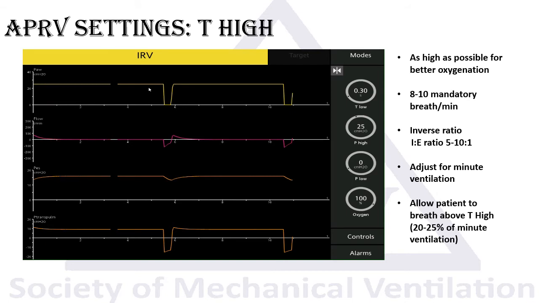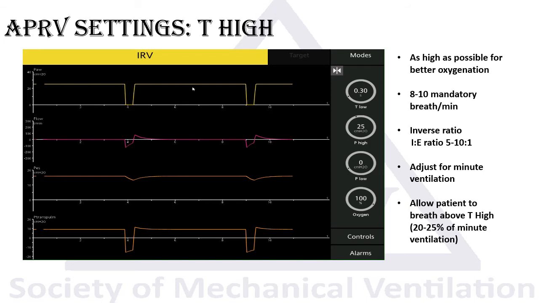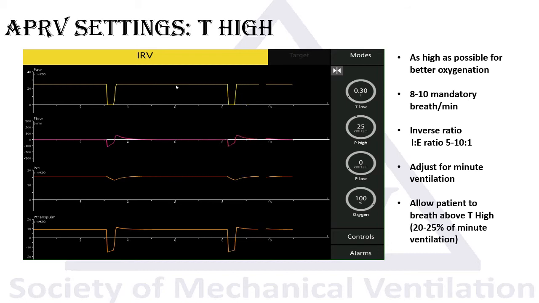For many reasons, most importantly, the longer the T high, the longer the alveoli are stable and recruited, which decreases that opening and closing of the alveoli. So you're basically ventilating the lung most of the time on the opening pressure of the lung. You want the T high to be high enough for all the alveoli to be recruitable, and it's called the open lung approach.